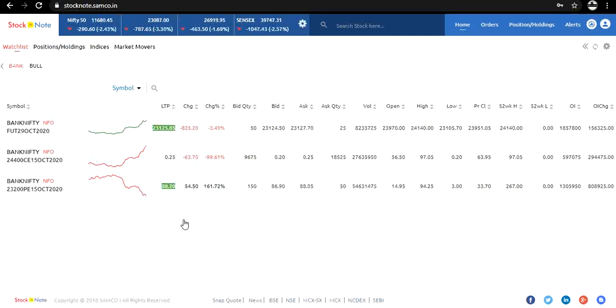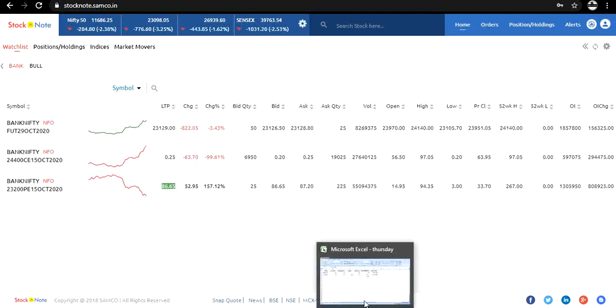So here you can see traders that 23,200 put which we sold is currently trading with 83 or 87 rupees, and our stop loss was at 25. So our stop loss got triggered, and in 24,400 call our target has been hit.